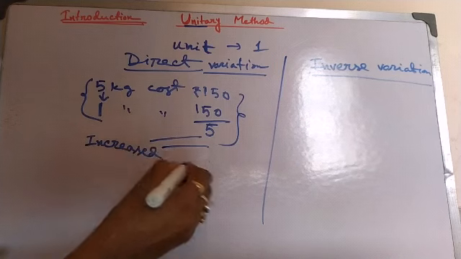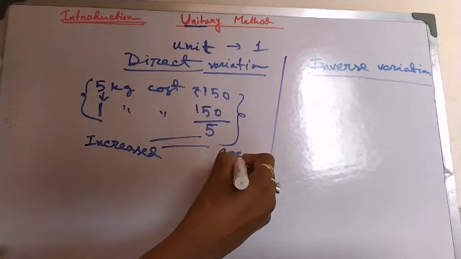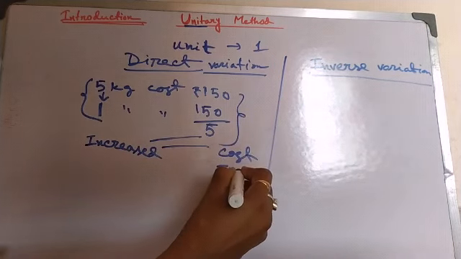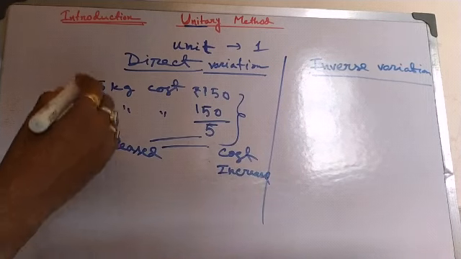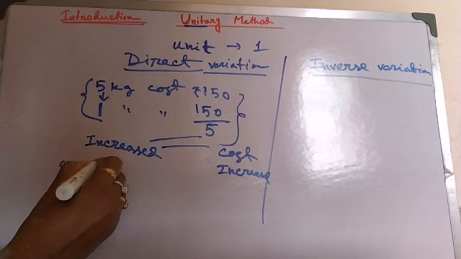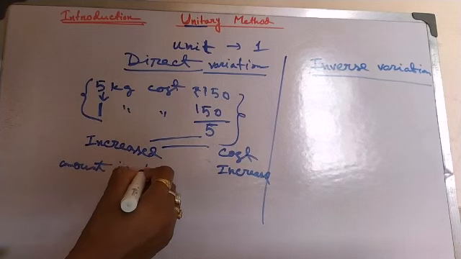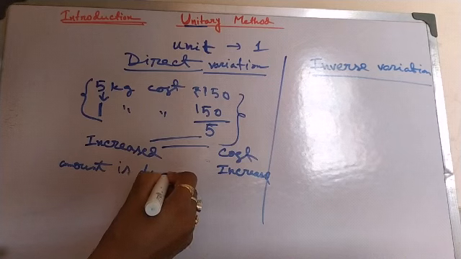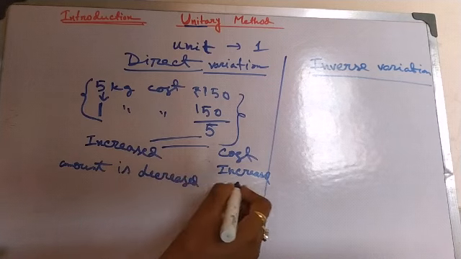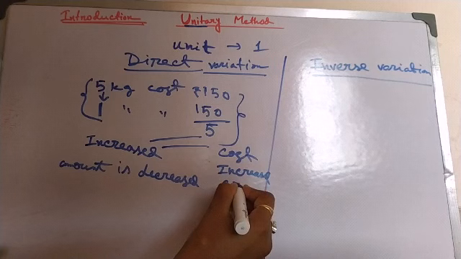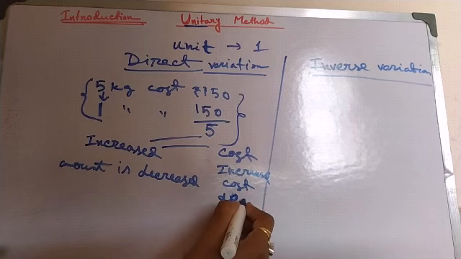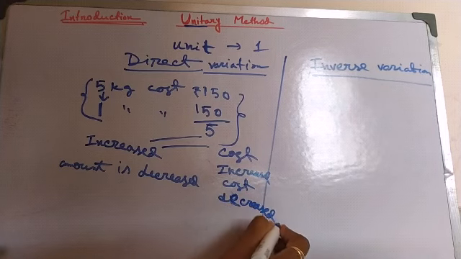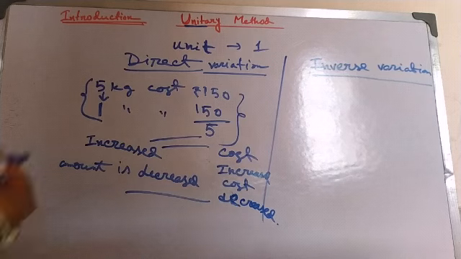If the amount is decreased, then the cost will also be decreased. So this is direct variation.